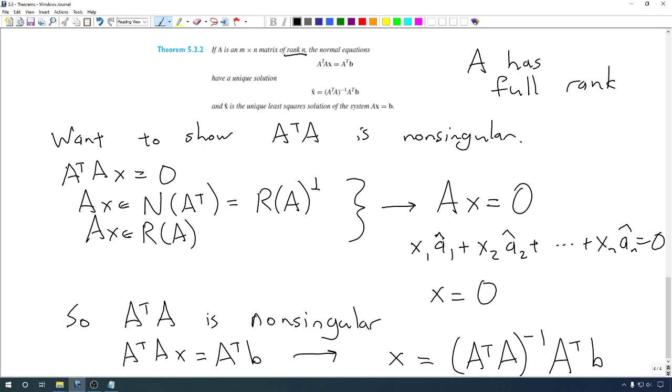We end up with this very explicit solution to that system of equations.